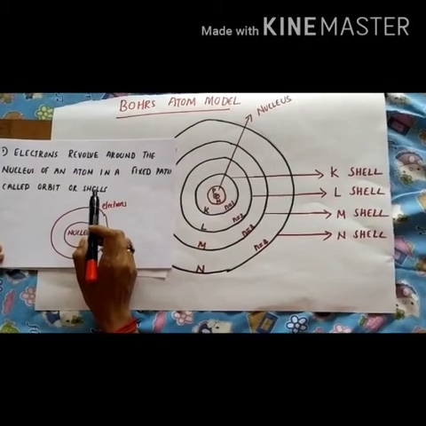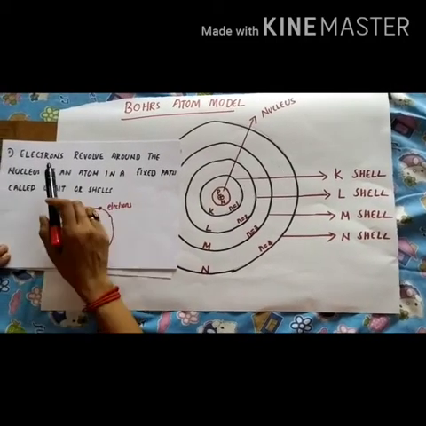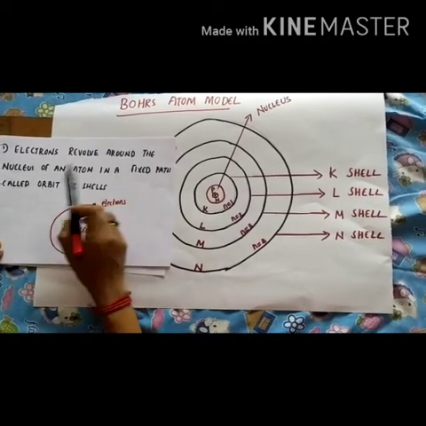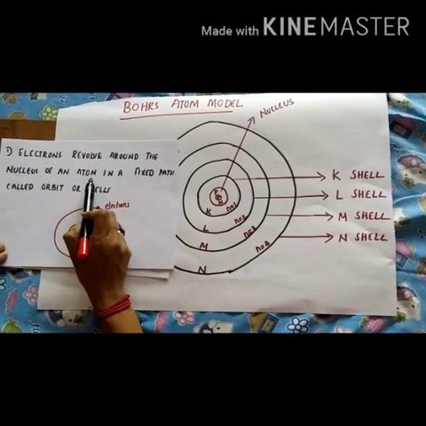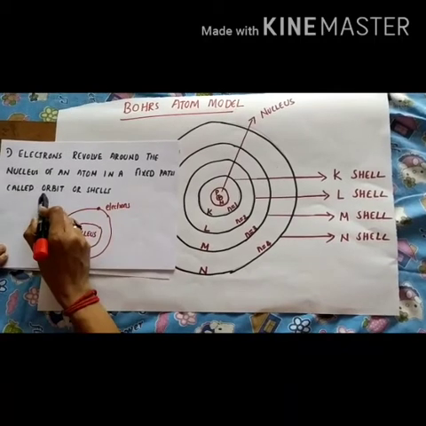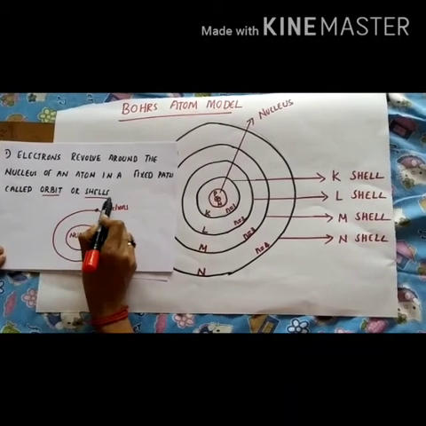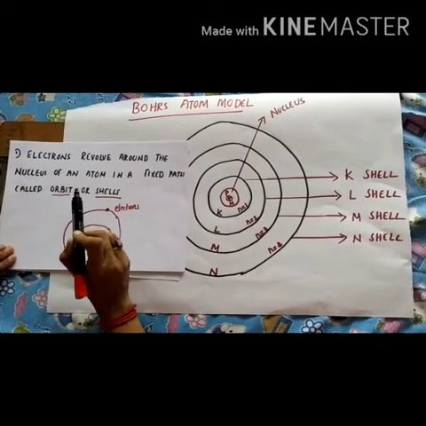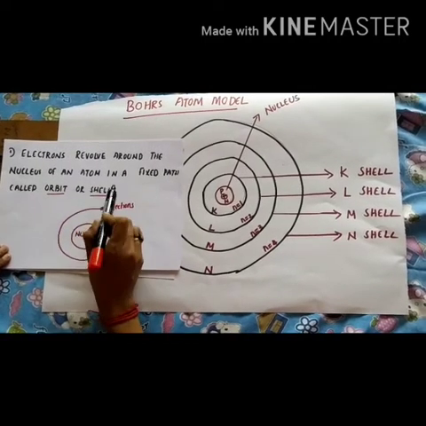The first point of Bohr's atom model is that electrons revolve around the nucleus of an atom in a fixed path called an orbit or shell. This is the main concept of Bohr's atom model.